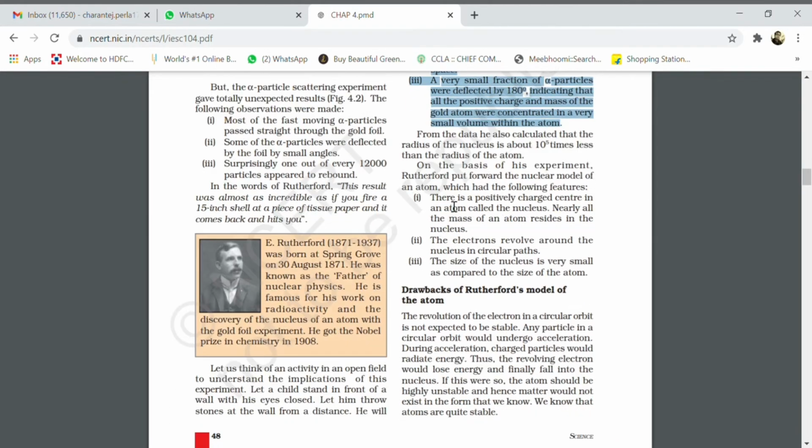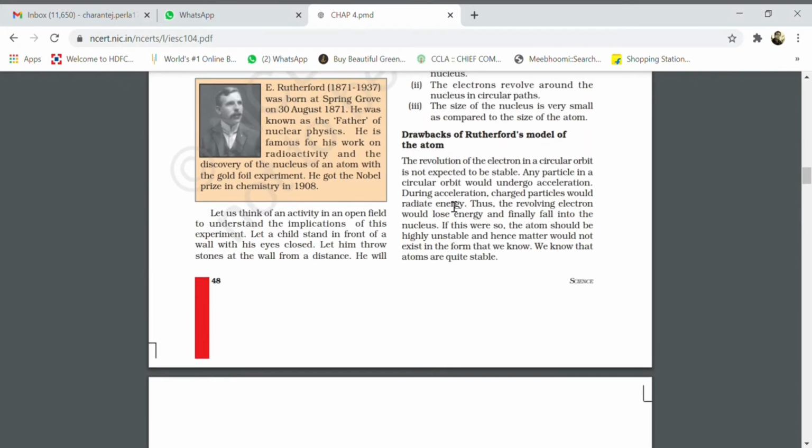So this theory was also drawn back because he told that the electrons were revolving around the nucleus, and thus we conclude that these electrons would undergo acceleration. You have already learned that during acceleration, charged particles lose their energy, and would fall.